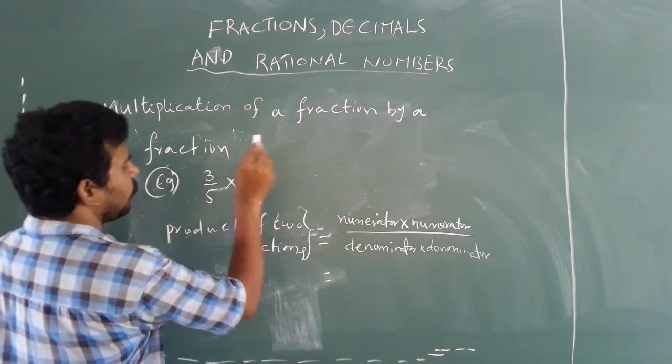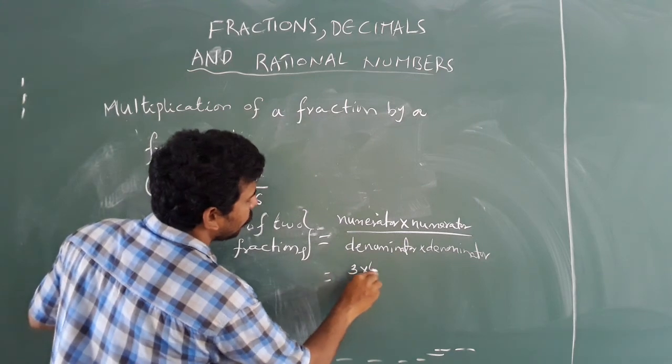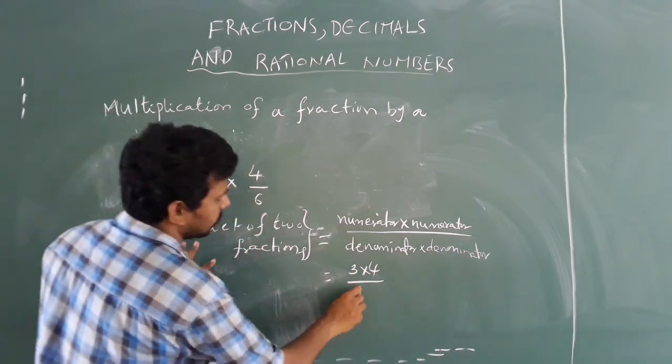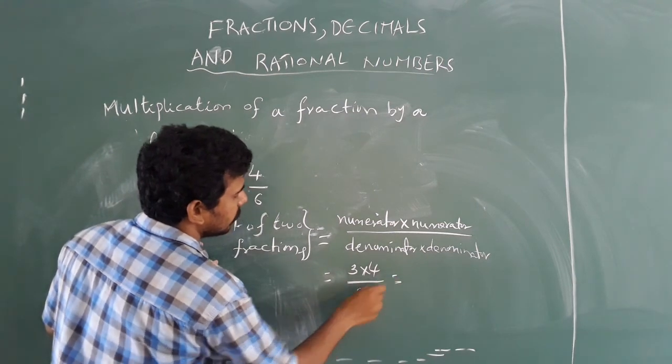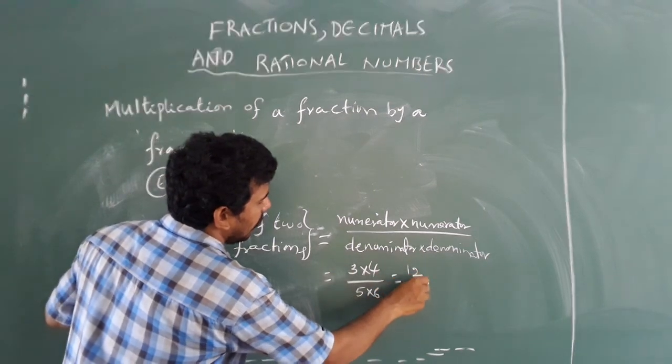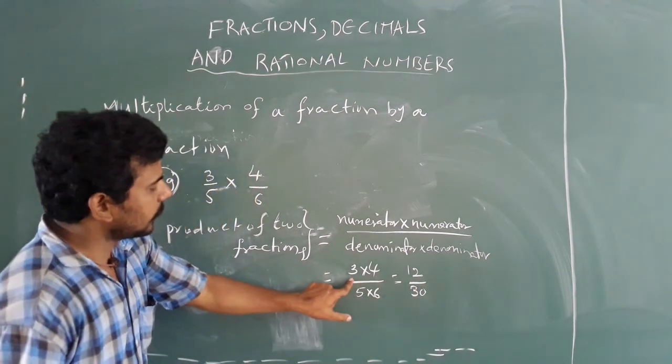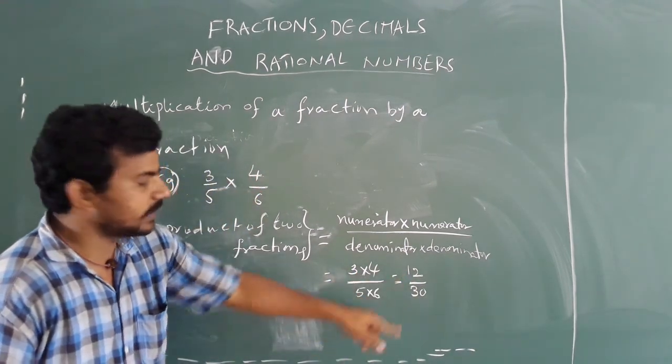So numerator into numerator means 3 into 4, by denominator into denominator, which is 5 into 6. 3 fours are 12, by 5 sixes are 30.